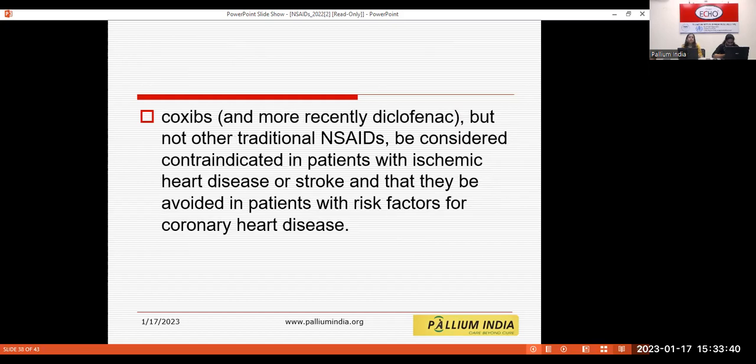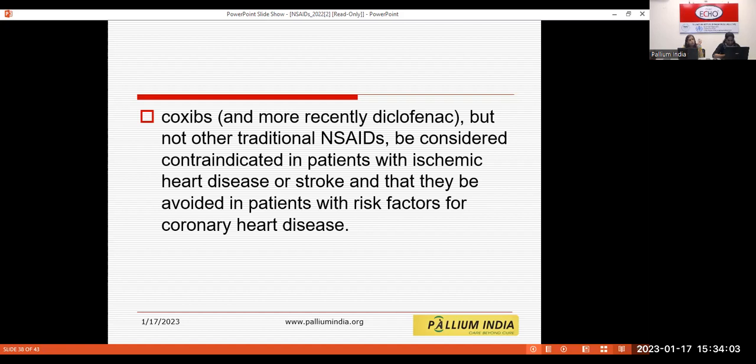So coxibs means etoricoxib or rofecoxib, celecoxib. Others are not available. Etoricoxib is the only one which is usually prescribed. It should not be given in patients with stroke or heart disease because this drug, etoricoxib or diclofenac even, can cause platelet adhesion.